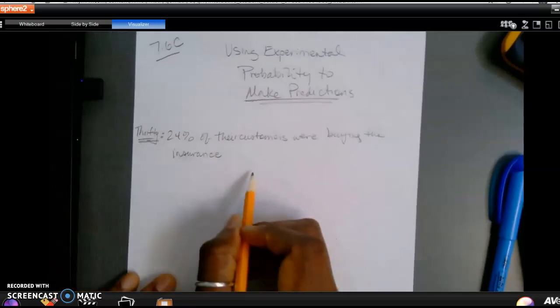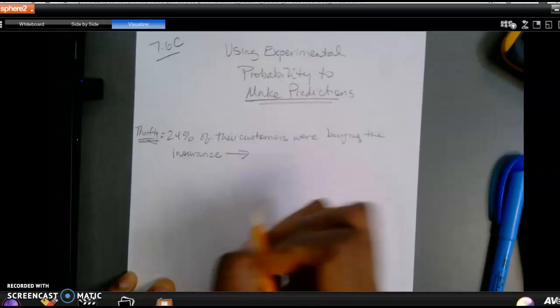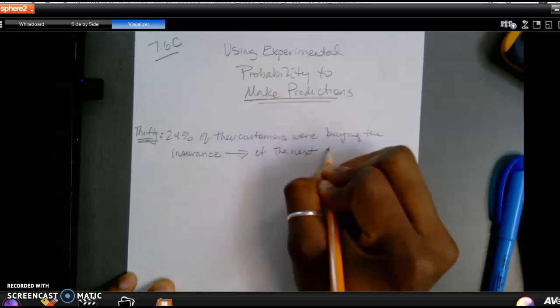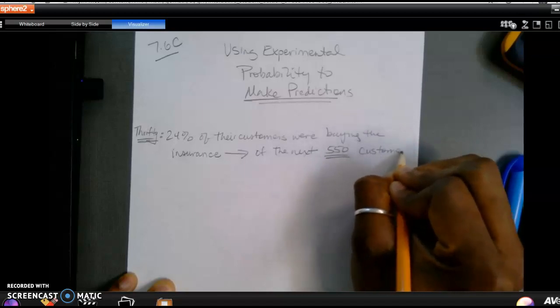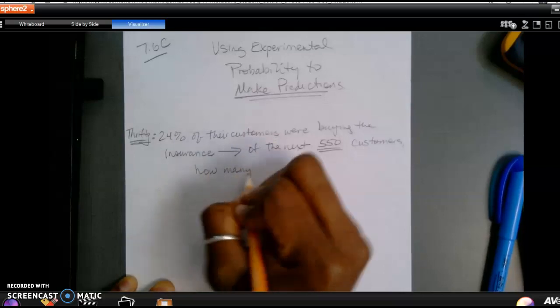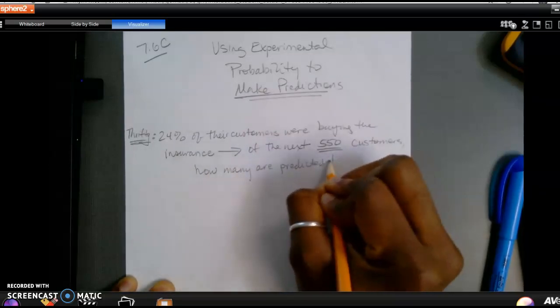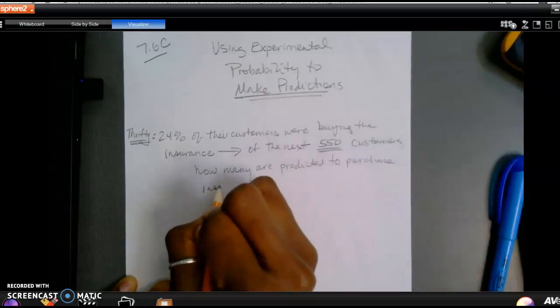They estimate that 24% of their customers were buying the insurance, okay? So of the next 550 customers, how many are predicted to purchase insurance?